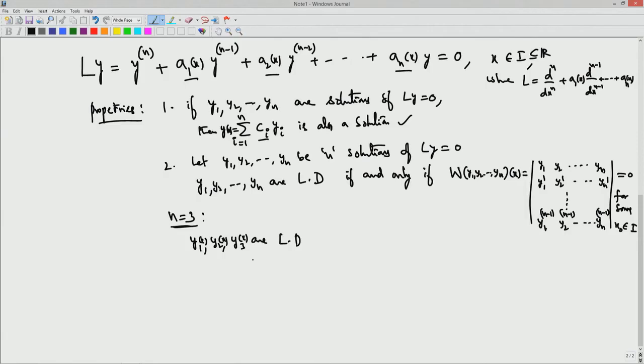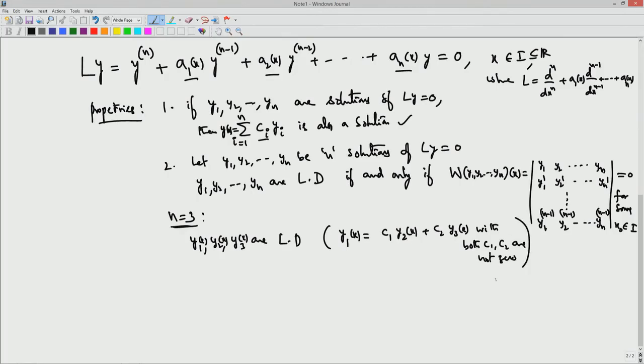If you have three functions y1(x), y2(x) and y3(x), these are linearly dependent if you take any one of them and can write it in terms of the others with some non-zero coefficients. So for, let us say, y1, I will be able to write c1 y2(x) plus c2 y3(x) with c1 and c2 not both 0.